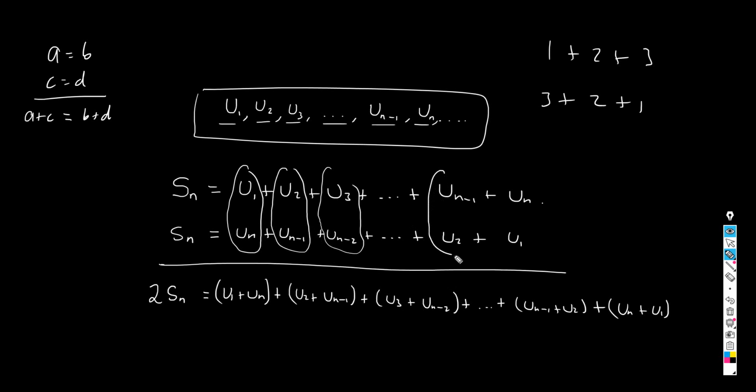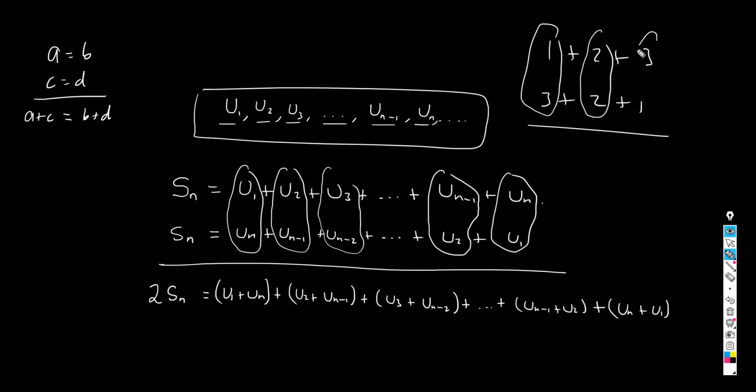Okay, now, what did I say just a few minutes ago, guys? I said, if you have a sequence and you write it down, and you have the same sequence and you write it down below in reverse order, when you add the terms column by column, you will always get the same number. 1 plus 3 is 4, 2 plus 2 is 4, 3 plus 1 is 4, etc. That happens for any other sequence, no matter how complex.